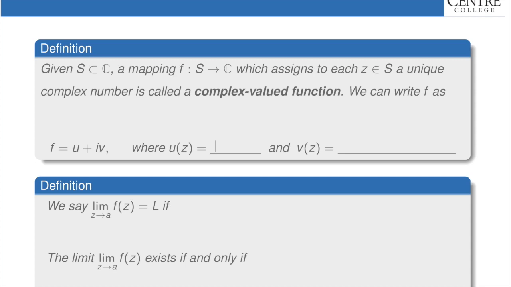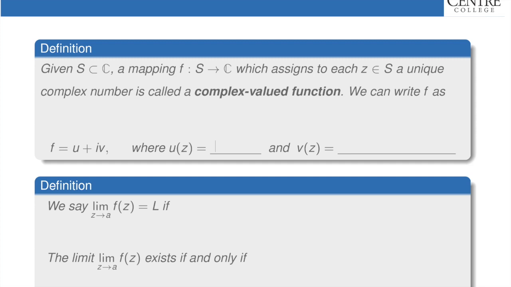Given a complex valued function f, we can write f in terms of real valued functions u and v. What that means is, given a complex function f, which takes a complex number to a complex number, we can write it in terms of real valued functions u and v, where u and v take a complex number in S into some real numbers.